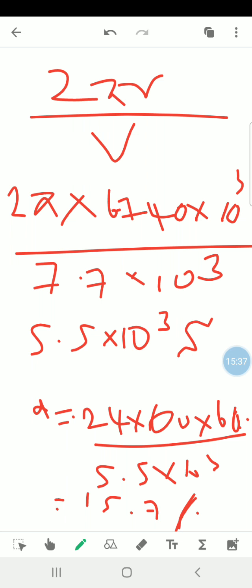So the International Space Station goes around the Earth 15.7 times each day. That means it sees the sunrise 15 times each day, and it sees the sunset 15 times each day.